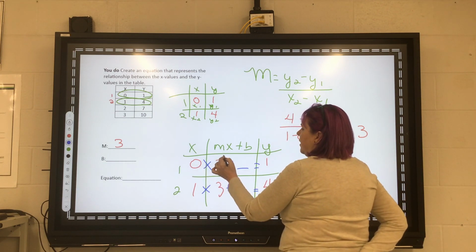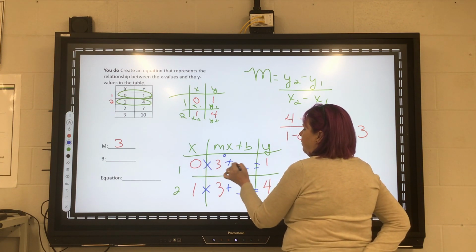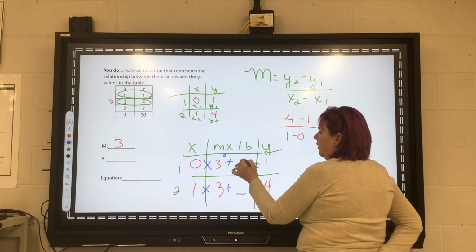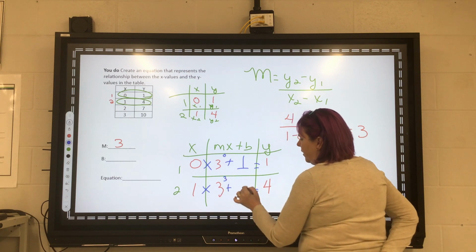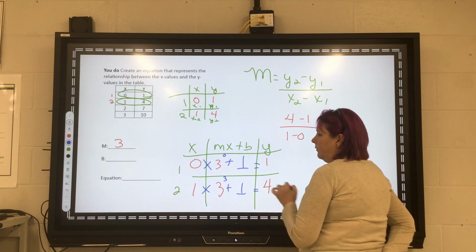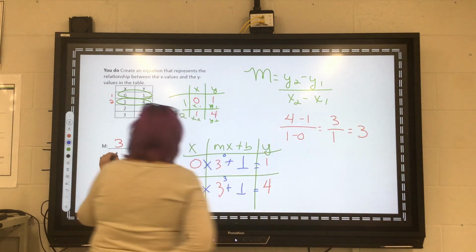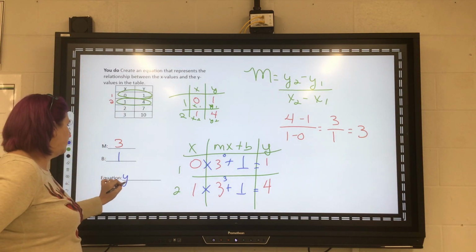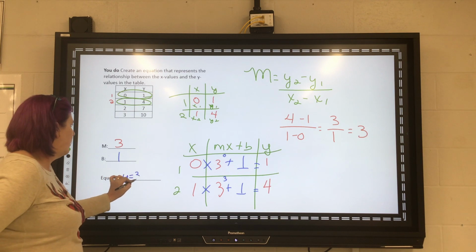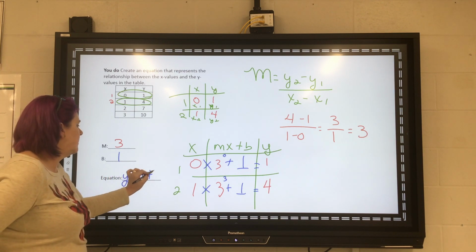Zero times 3 is 0. 0 plus what gives me 1? 1. 1 times 3 is 3. 3 plus 1 is 4. So my b is 1. So that makes my equation y equals 3x plus 1.